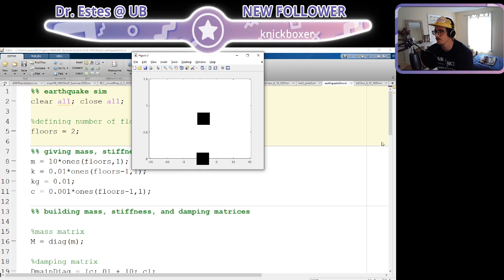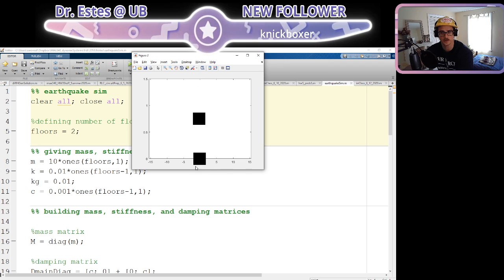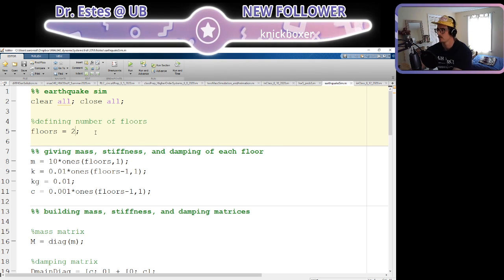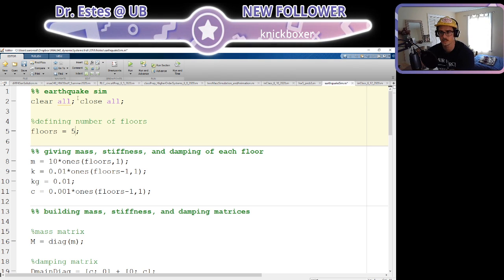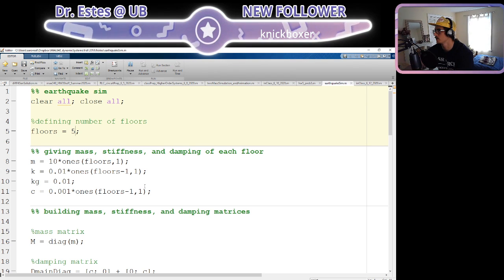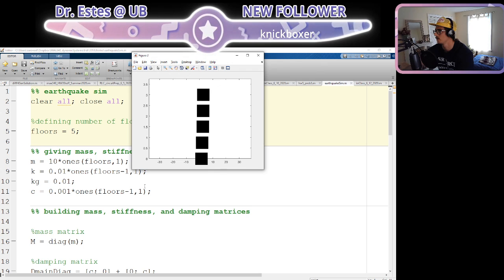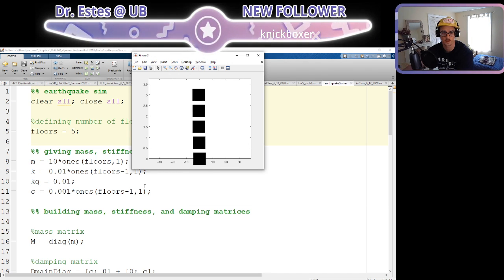So these are like the 2 floors shaking relative to each other, assuming that the earth is shaking underneath. And if I make it 5 floors, I made it really wobbly.